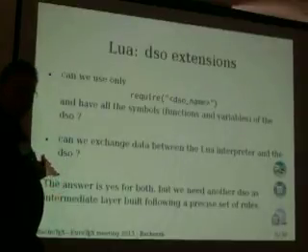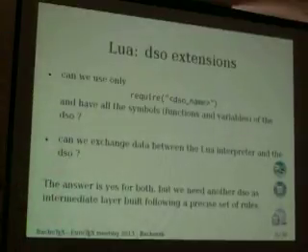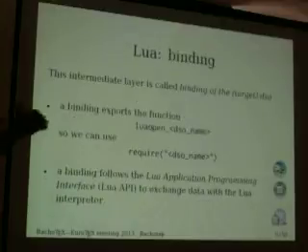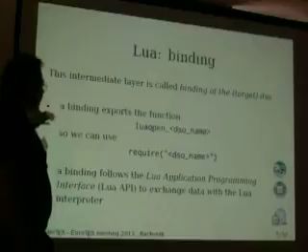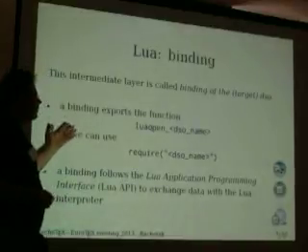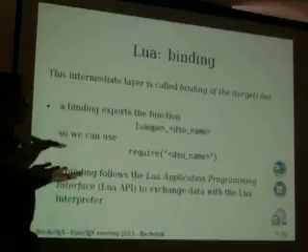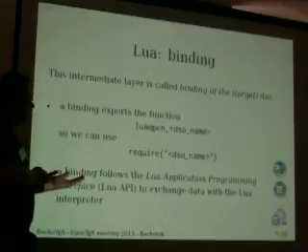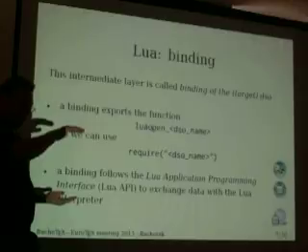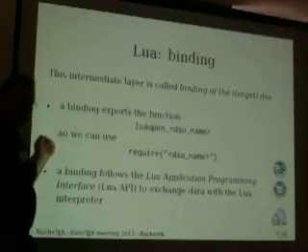It's possible, of course, but we have to write another layer of C code and another shared object, another library, that acts as a middle layer between our C library and the Lua language. This is called a binding.